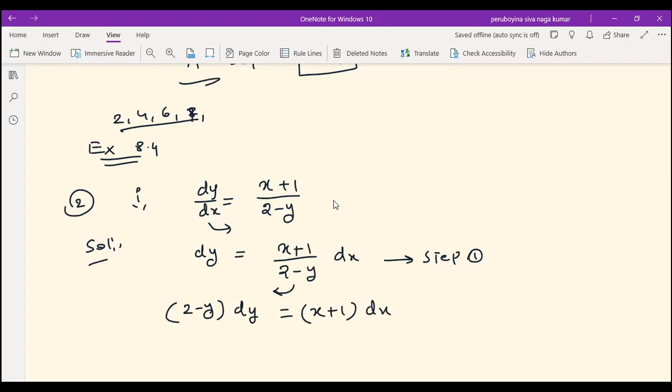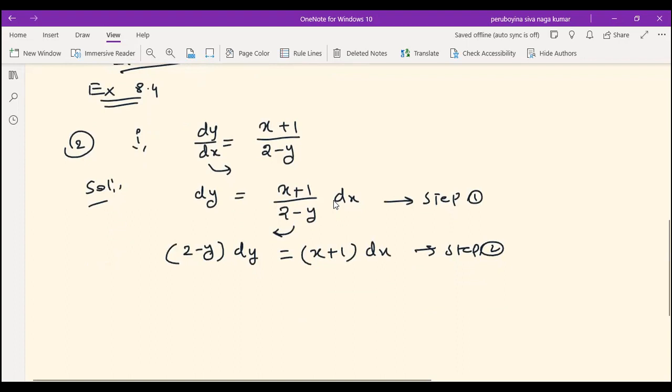Now check again. This is step 2. What you have to do in step 2? Moving y terms to the dy side, x terms to the dx side. Now this step should be mentioned: integrating on both sides.